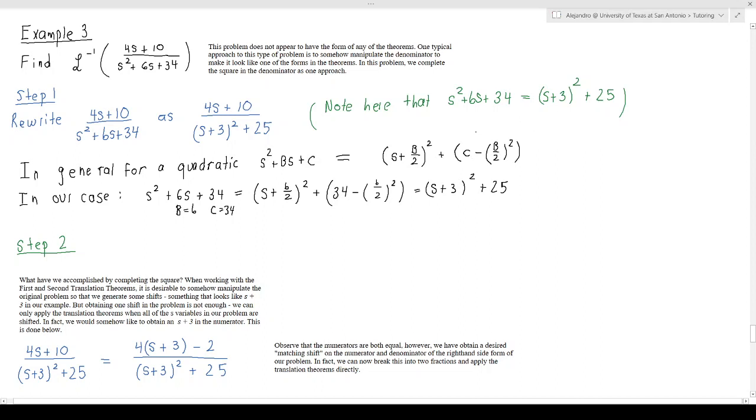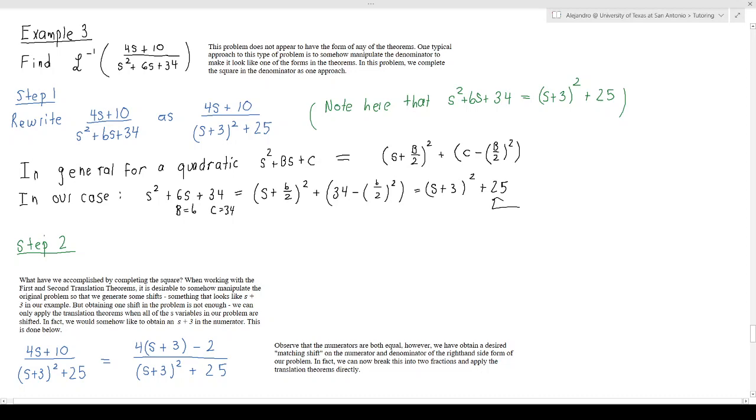Remember, c is 34, so it's 34 minus 6 over 2 squared. That's 34 minus 9. That's 25. So that's how we end up with s plus 3 squared plus 25. And that's called completing the square. We've successfully done something like this, where we have s plus something squared plus some constant out here.